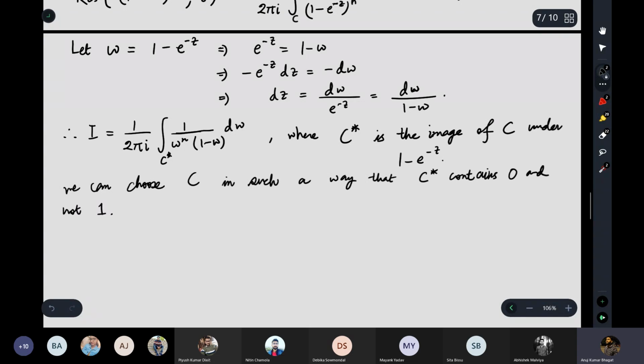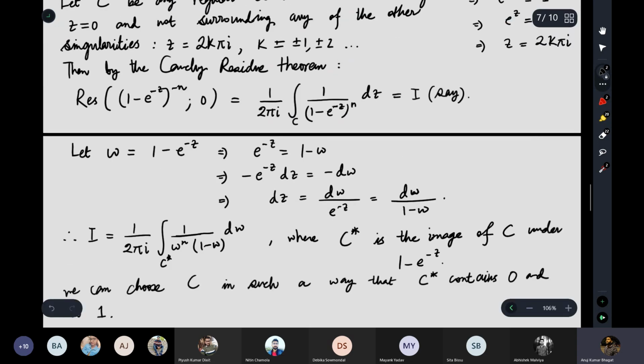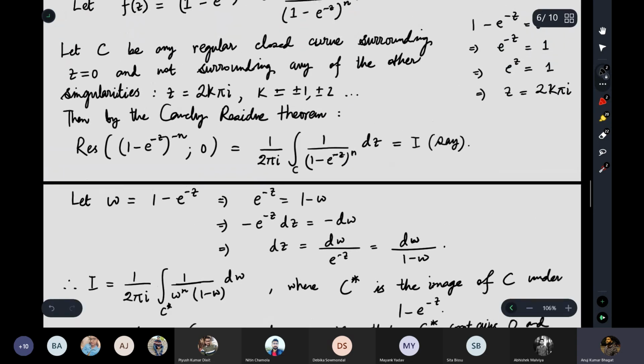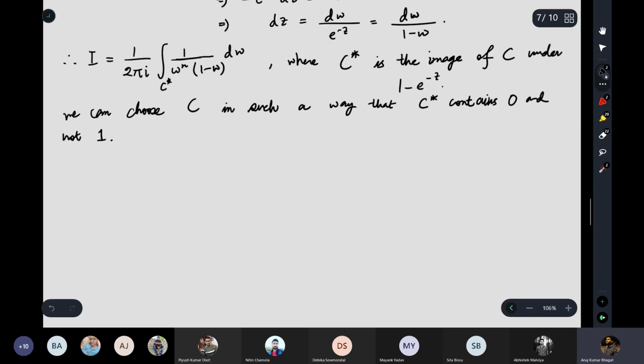So again we are claiming something, that such a choice of C is possible such that the new curve C star contains the point 0 but not 1. So this is possible. I'll not prove. You can see the Joseph Bak book, there they have shown such a choice of C as a rectangle. So I'm not doing that anymore.